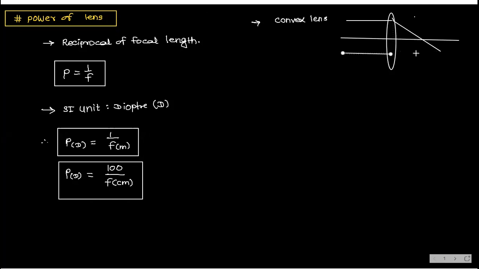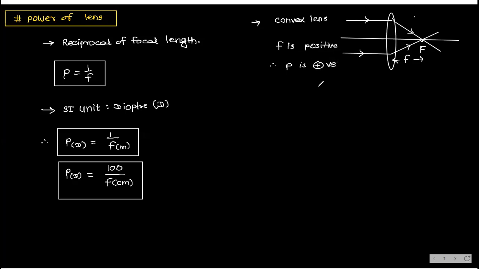So here is the focus, as this is the light direction, and the focus is this side. So is this focal length positive or negative? For convex lens, F is positive. Therefore, power P is positive.